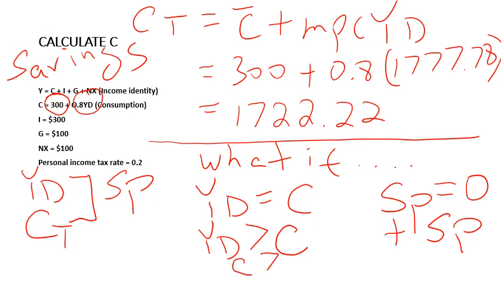What if consumption is greater than disposable income? Well, if consumption is greater than disposable income, that obviously means that private savings are going to be negative. And what does that mean?